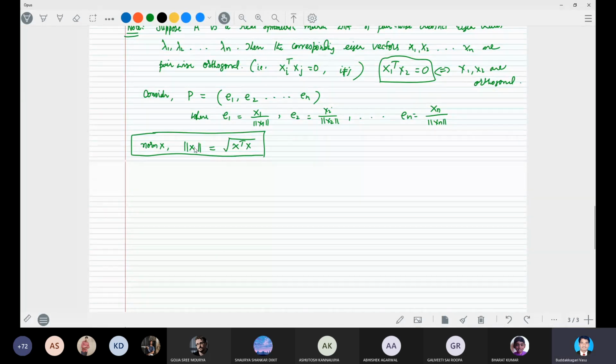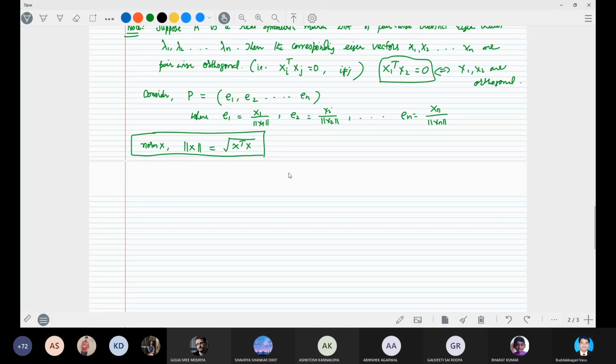X1 is a vector, it has n column elements, right? The norm x is determined as the square root of x transpose into x. The matrix multiplication is compatible in such a case, right? 1 by n, one matrix, and another matrix n by 1. So that matrix compatibility will be satisfied, right?